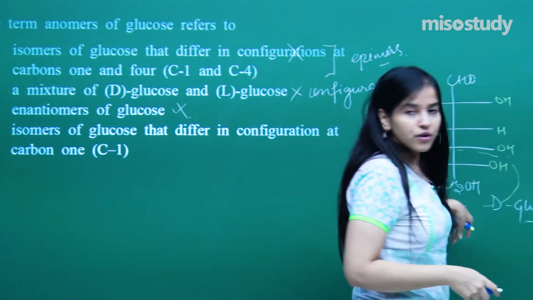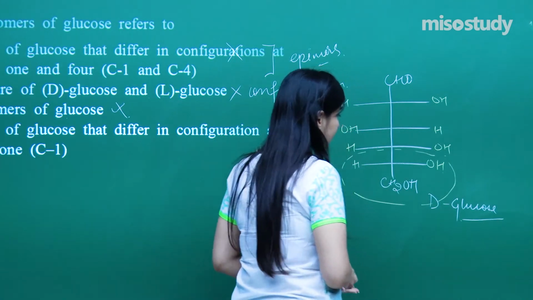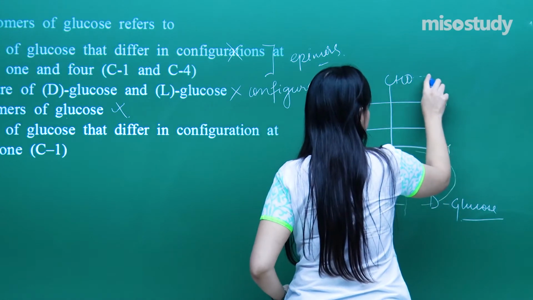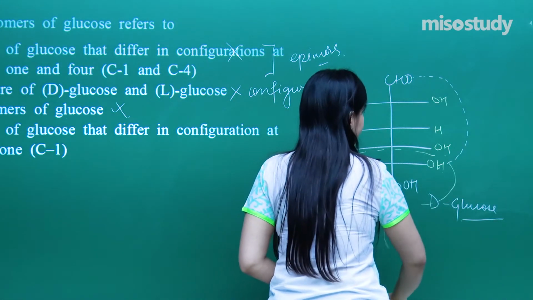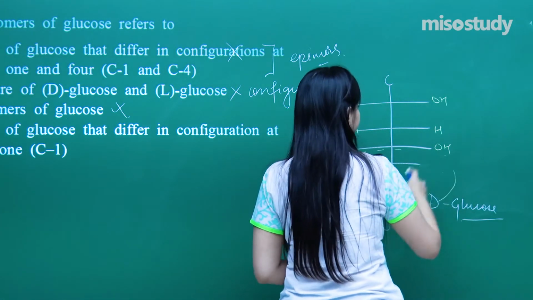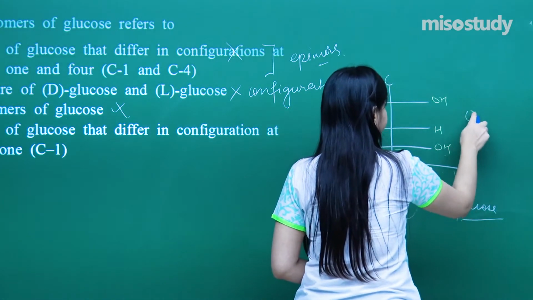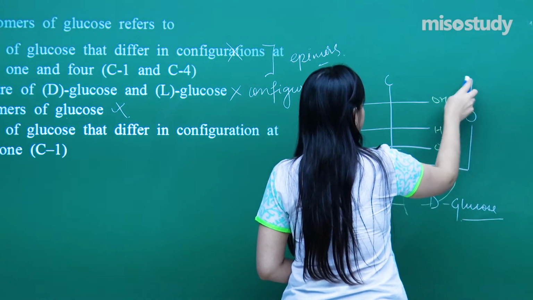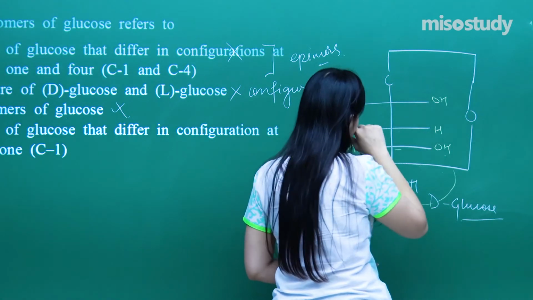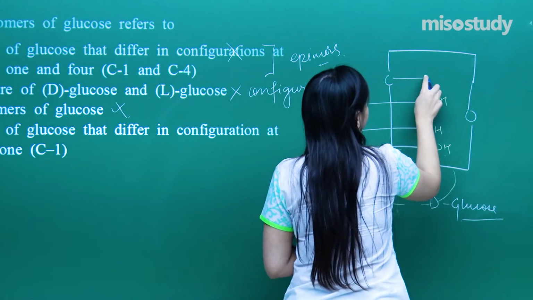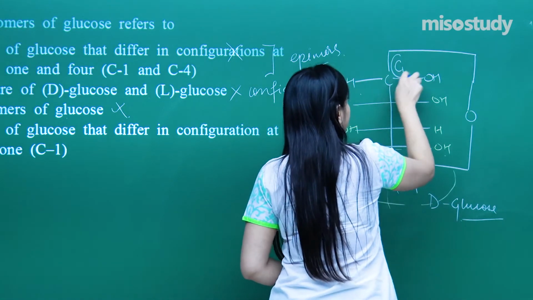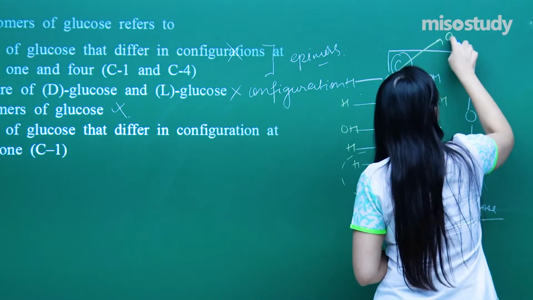So if I have a structure of glucose like that, and let us just make the glycosidic linkage. The glycosidic linkage will be somehow like this, and let us just connect the two. So if I connect the two, what do I get? A glycosidic linkage, something like that. And if this OH now lies towards the right, so this is C1, this is nothing but the anomeric carbon.